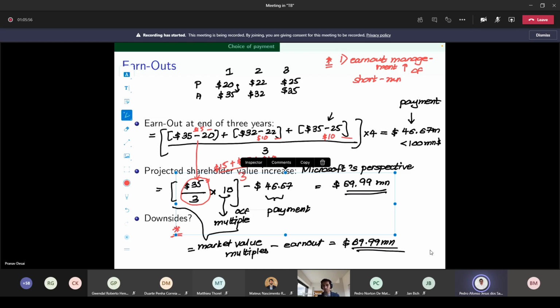And the 10, the times 10? So that is a multiple. What a multiple is, it's a ratio of comparable firms, typically within your own industry or even in your own market segment, of their market value to certain particular ratio of the company.